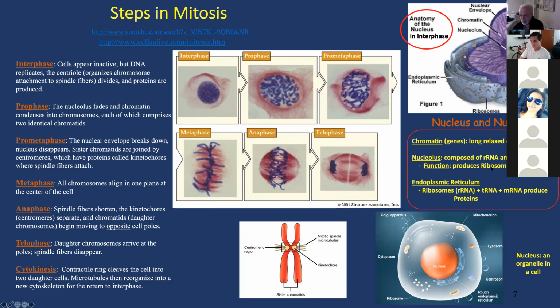These ribosomes are then exported through these nuclear pores into the cytoplasm, where they join the membrane system called the endoplasmic reticulum. And there, the ribosomes get together with tRNA and mRNA to make proteins. So this all happens in the endoplasmic reticulum.